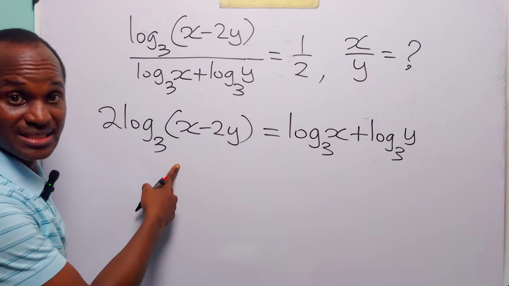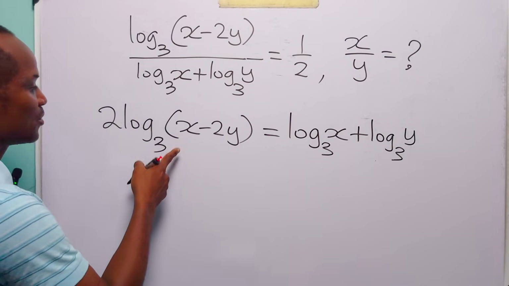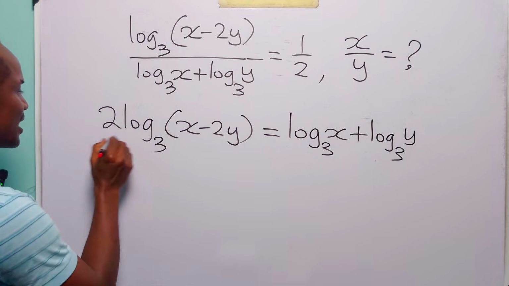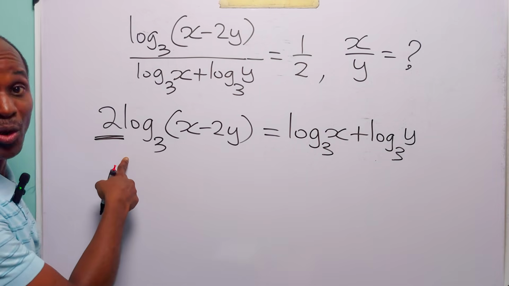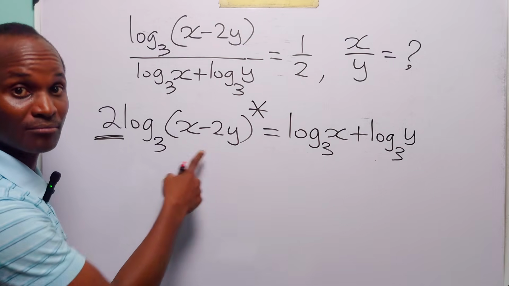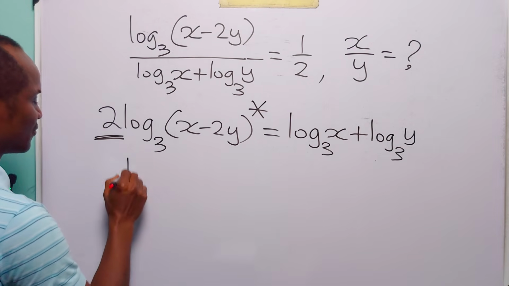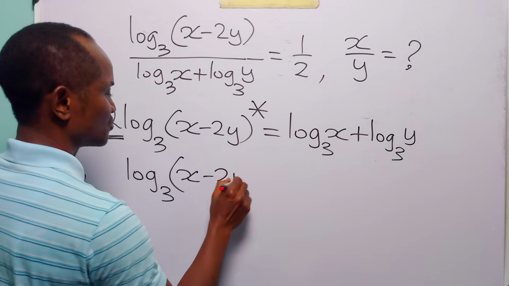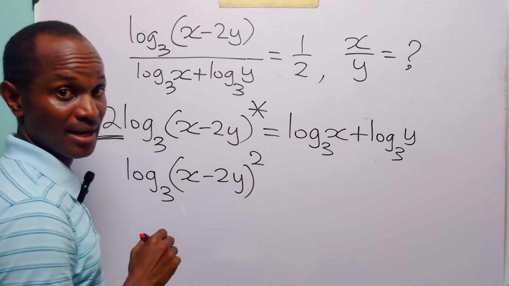Now, to simplify this equation, we will apply the power rule to this left-hand side. We are going to take 2, that is this multiplier, to become the exponent of (x minus 2y). When we do that, we have log to base 3 of (x minus 2y) squared.